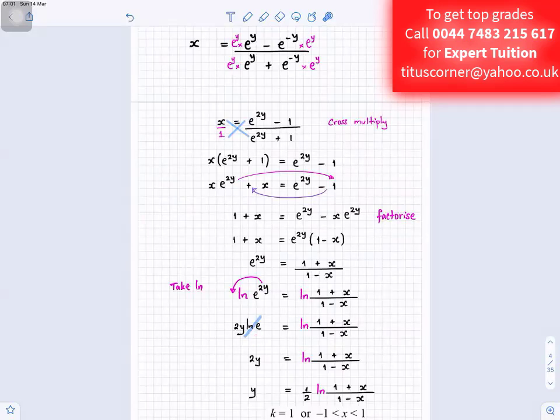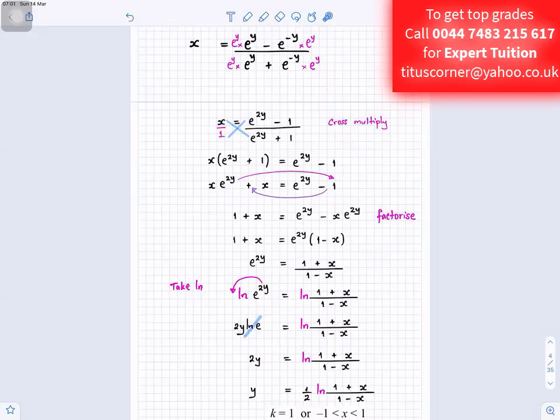You're left with 2y equals ln of (1 plus x) over (1 minus x). The opposite of times 2 is divided by 2, or multiply by a half. So y equals a half ln of (1 plus x) over (1 minus x).